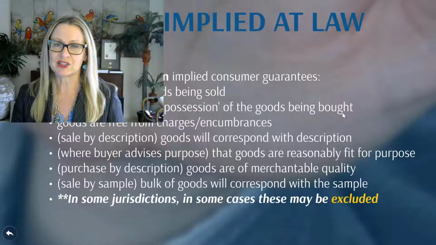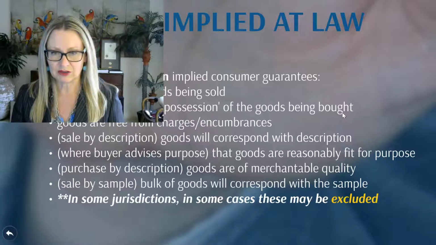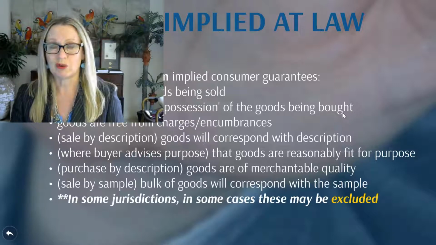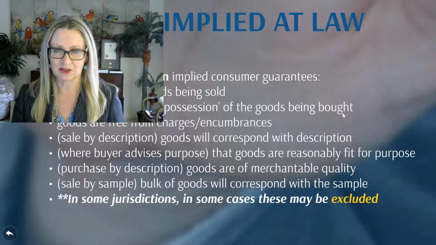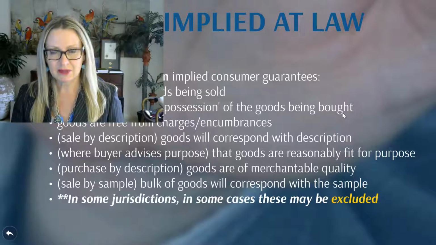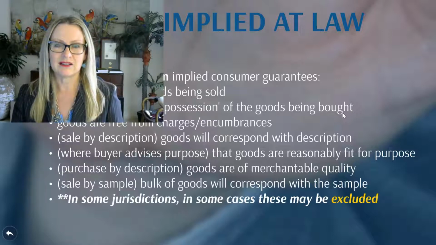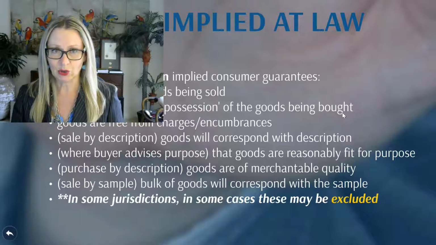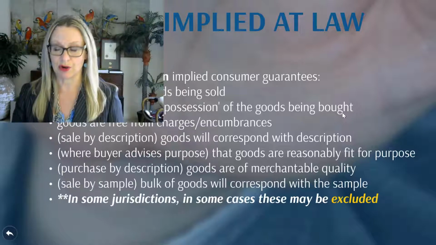Now, the sale of goods legislation is interesting in some jurisdictions, in some states of Australia, because there's a Sale of Goods Act or equivalent legislation in all of the states and territories of Australia. In some jurisdictions, in some cases, these kinds of terms implied at law can be excluded by the parties if they wish to do so.